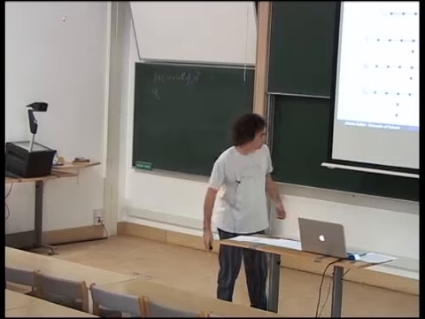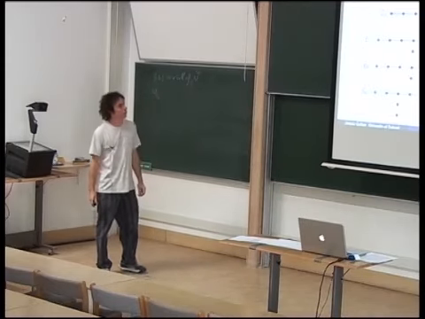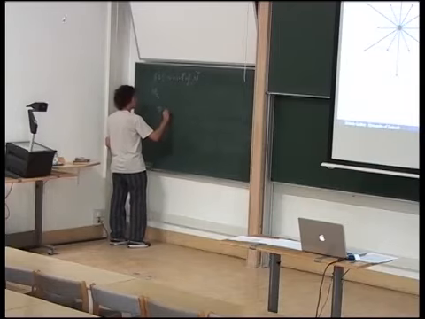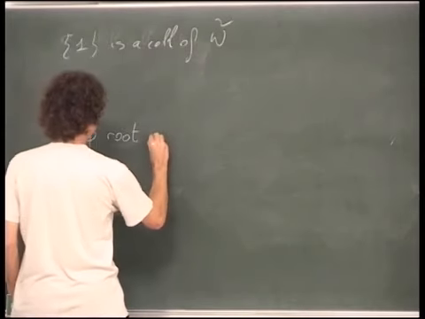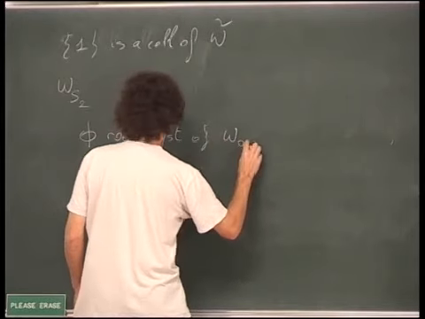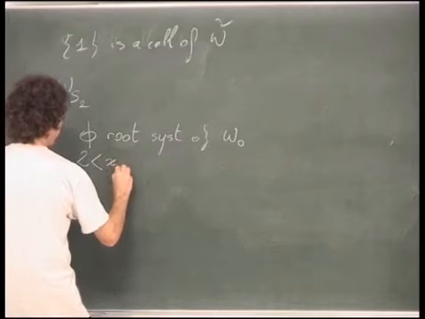So I want to give a geometric presentation, which is nice to work with cells. You start with the root system of a Weyl group W0, and you draw all the hyperplanes with equation alpha equals k.